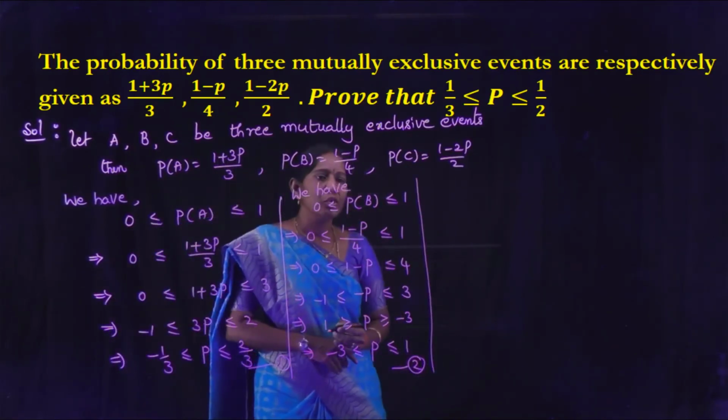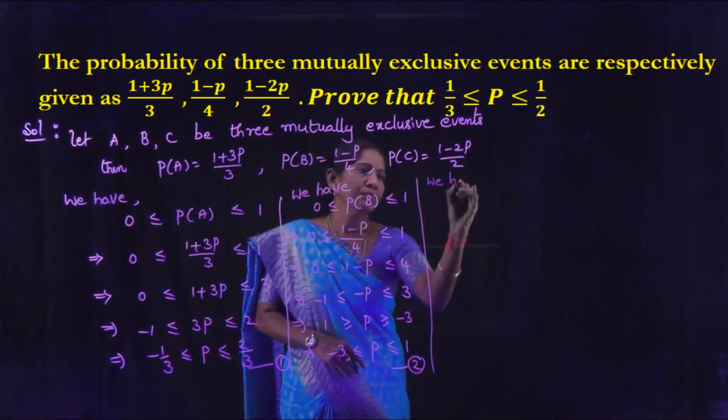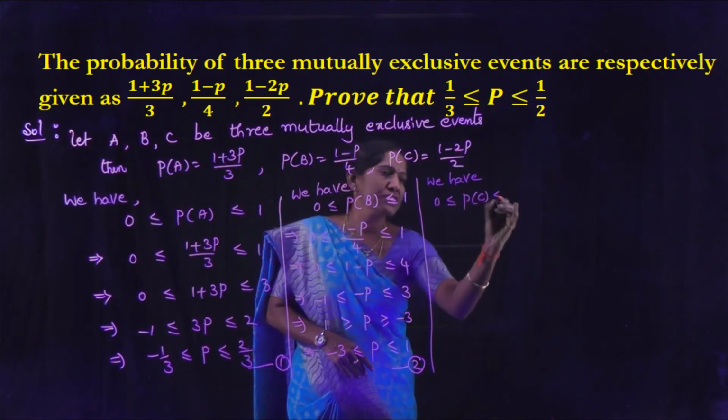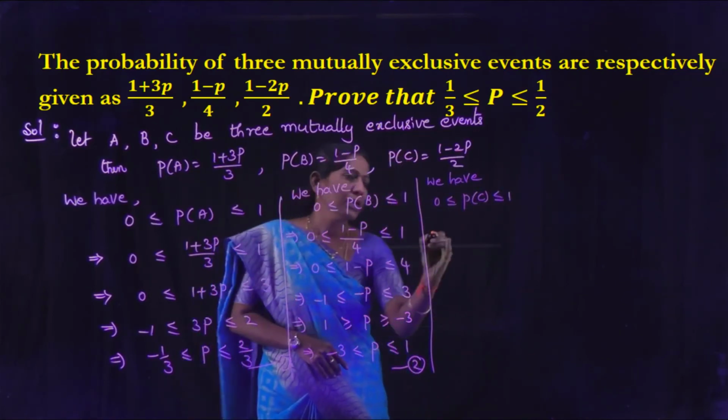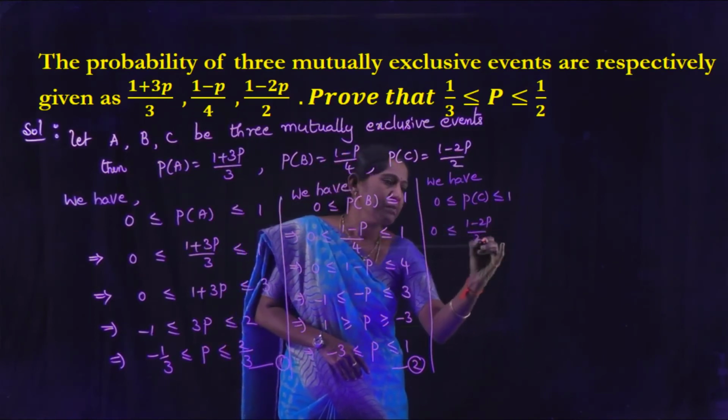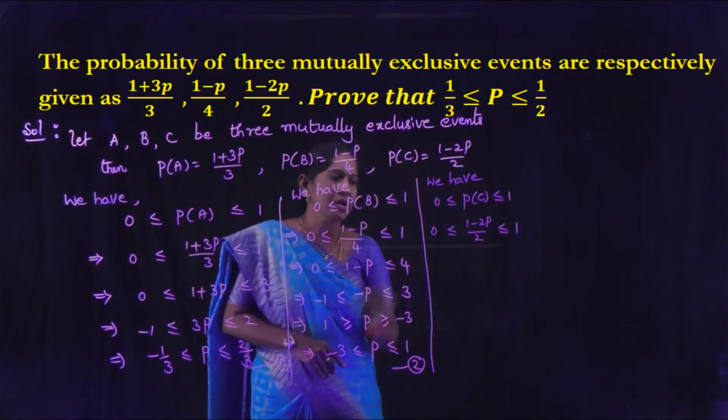And next come to P of C. We have 0 less than or equal to P of C less than or equal to 1. That implies 0 less than or equal to (1 minus 2p) by 2 less than or equal to 1.